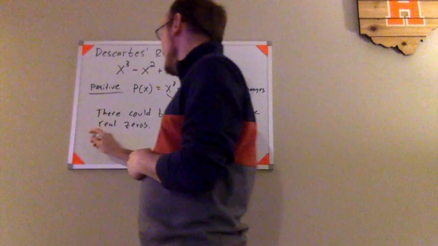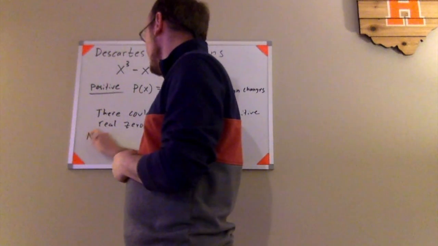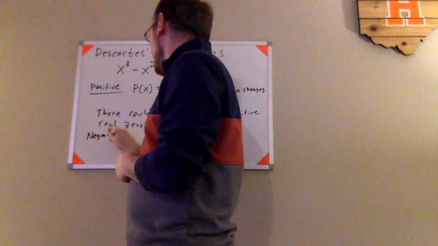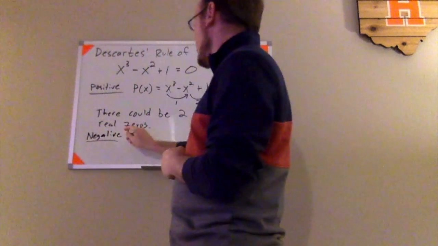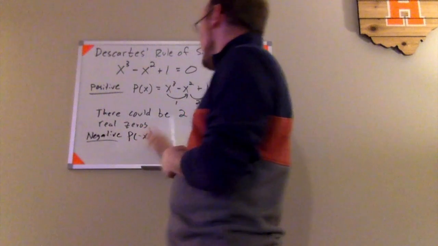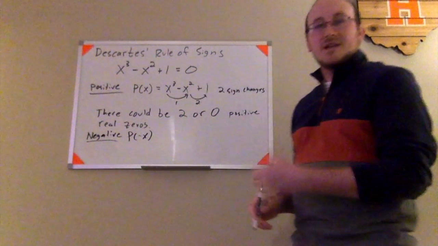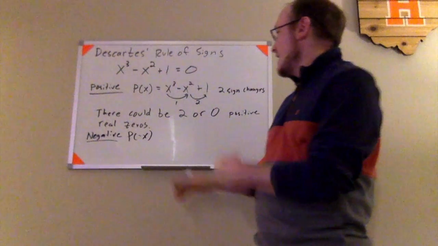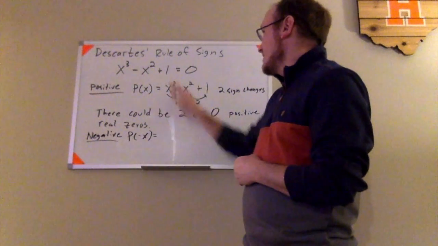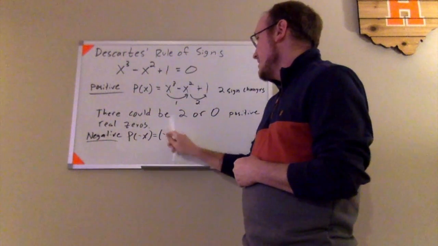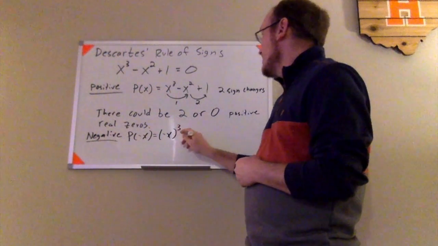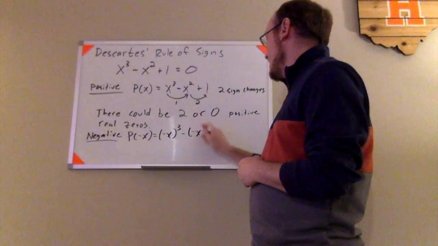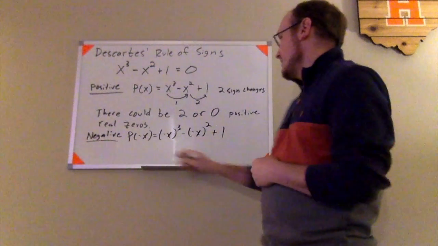Now we also need to look at the negatives. So what we do is we take p of negative x. In this case, we replace all of the x's with negative x. So I'm going to go ahead and rewrite this. Instead of x cubed, I'm going to put negative x in parentheses cubed minus negative x squared plus 1.